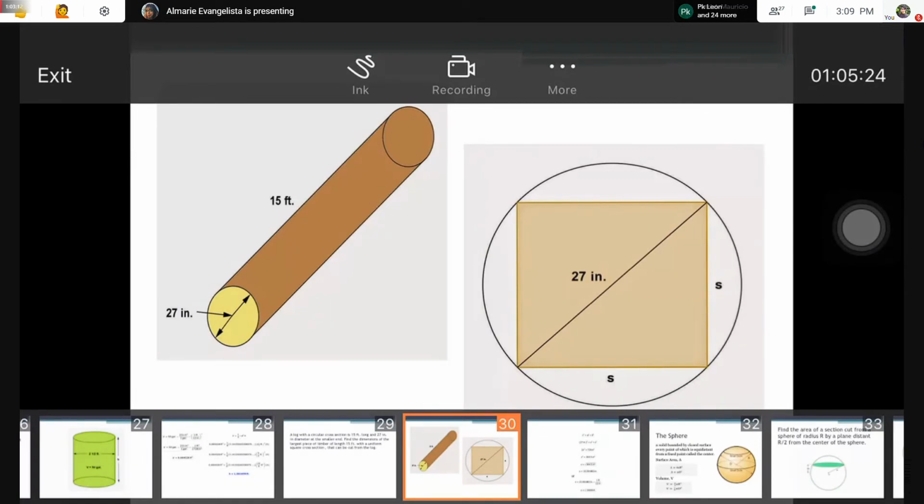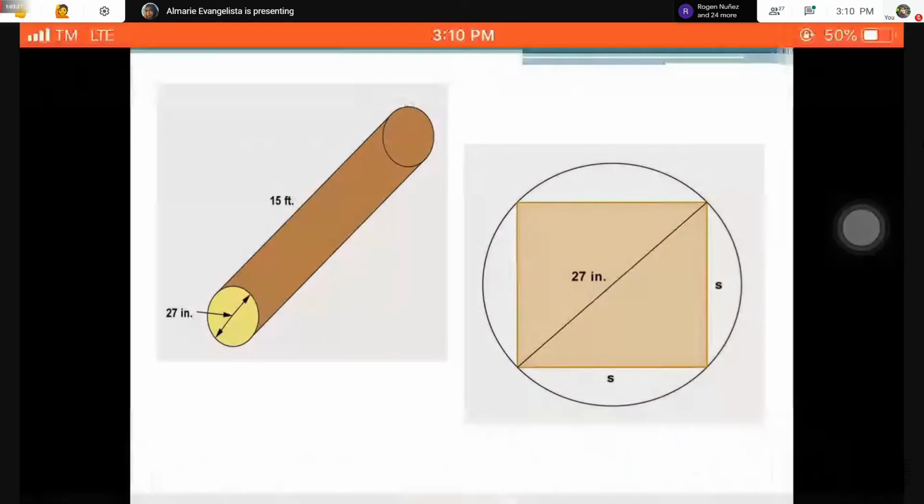Yung side, s is equal to side. Ang magiging c squared dyan is yung 27 inches. Kaya bang i-solve o medyo nalilito?